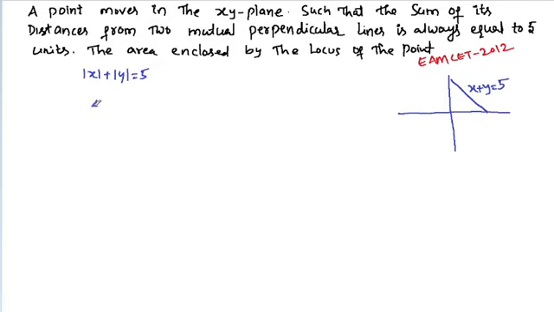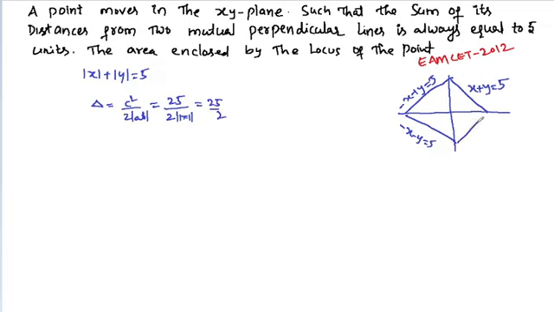Area of this delta is equal to c square by 2 mod ab, that is c square is 25 by 2 into a is 1 into 1, that is equal to 25 by 2. And the second line, minus x plus y is equal to 5. And the third line, this is minus x minus y is equal to 5.